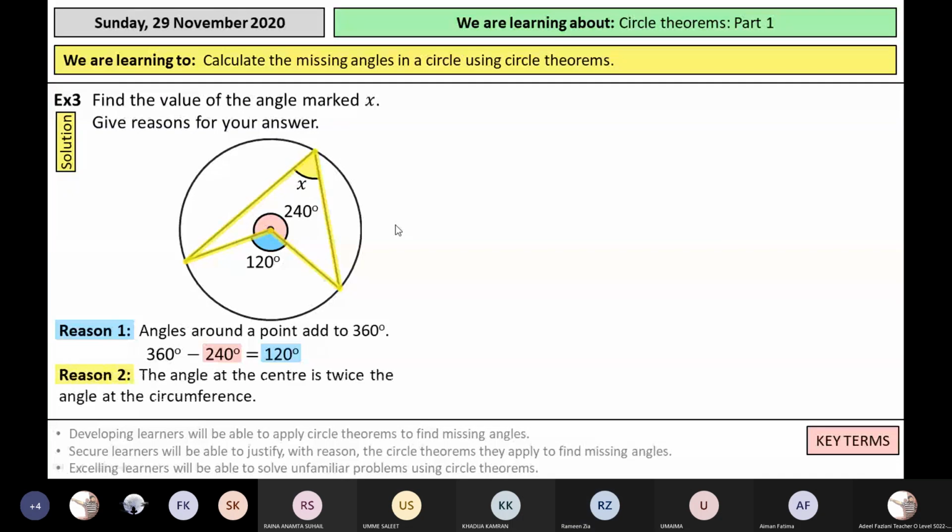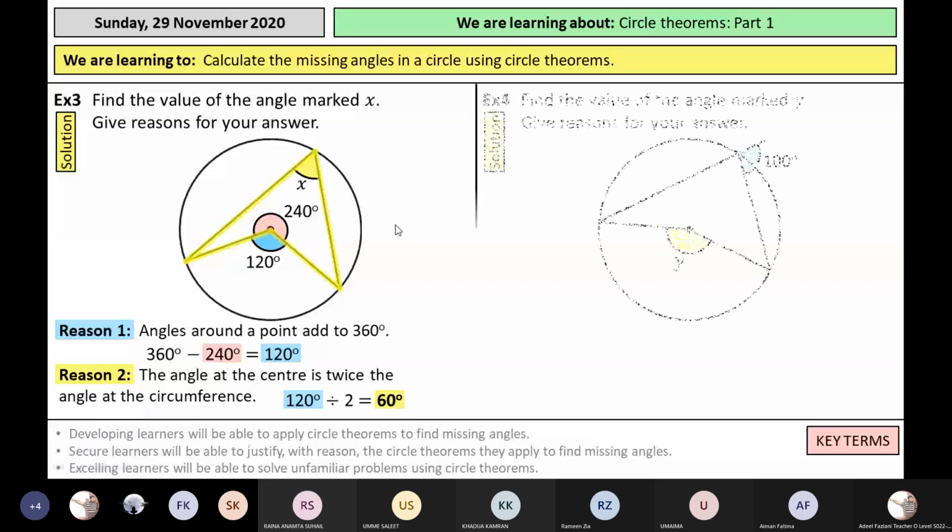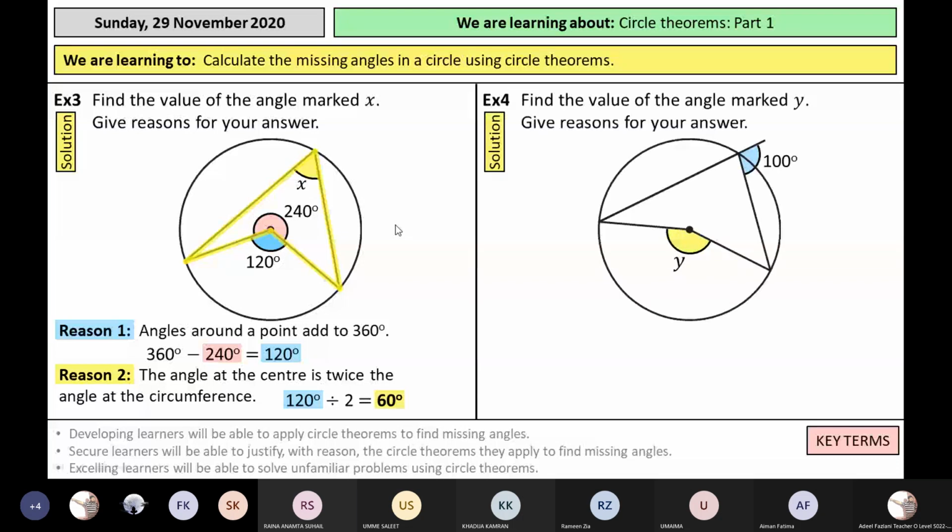The angle at the center, twice the angle at the circumference, is going to be divided by 2, that is 60, right? Okay. Go for the next question now. How to do this question? Quickly. Come on. The answer will be 60. 160 for y.